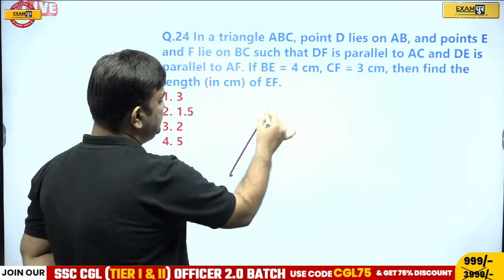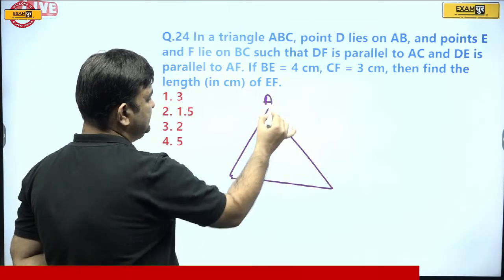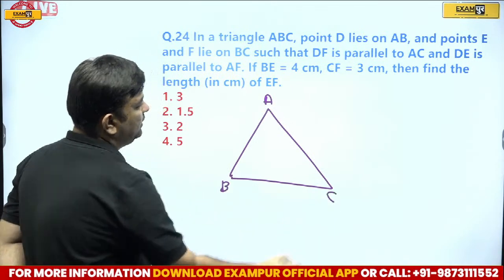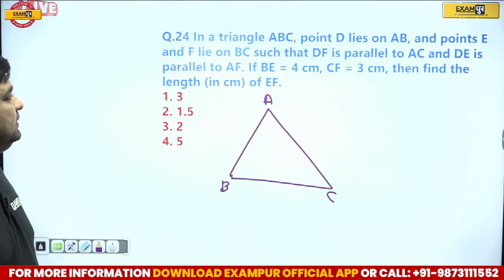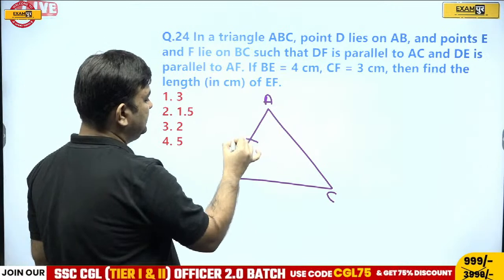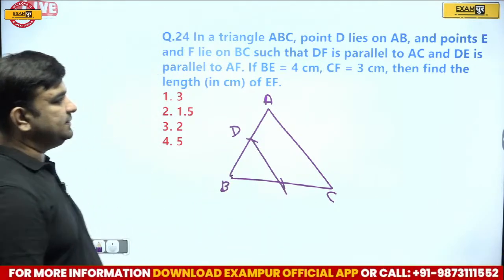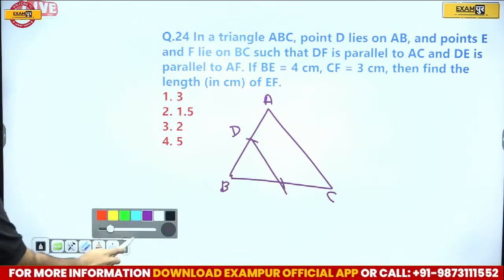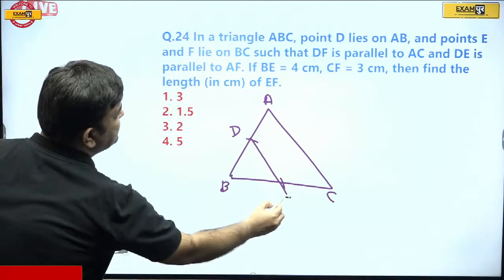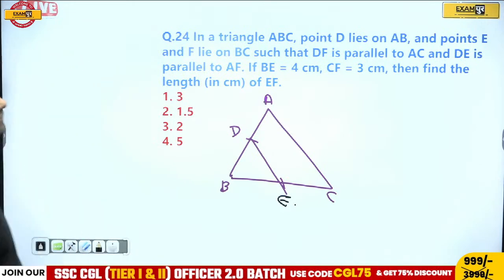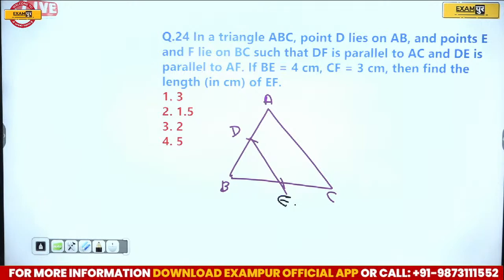In triangle ABC, D is a point on AB and E is a point on BC, such that DE is parallel to AC. F lies on BC, no? Just a minute.